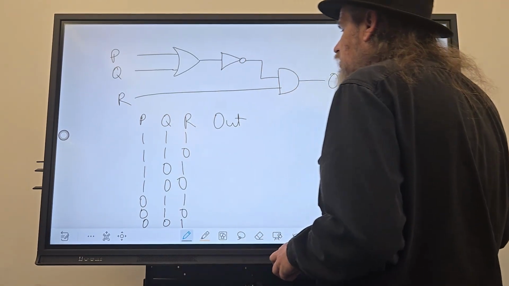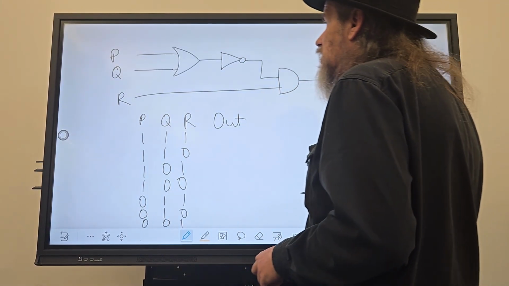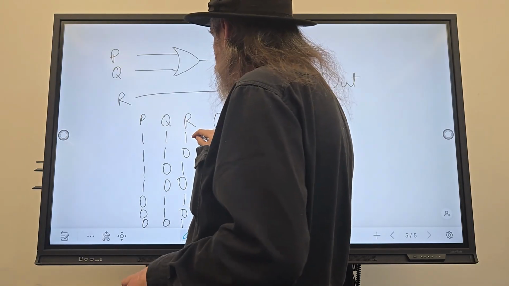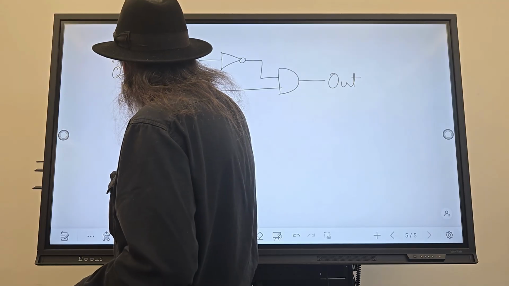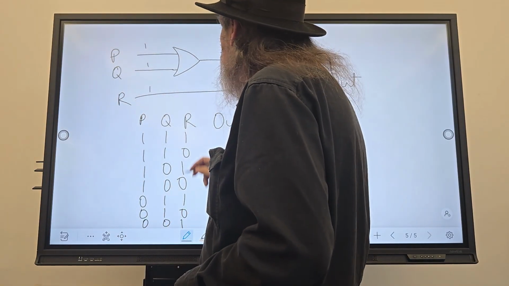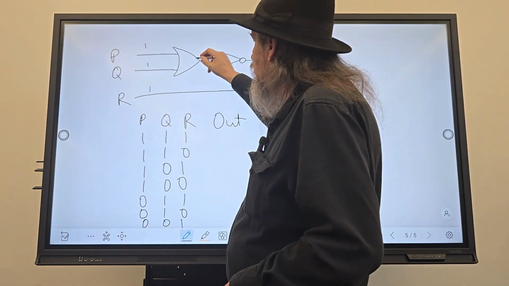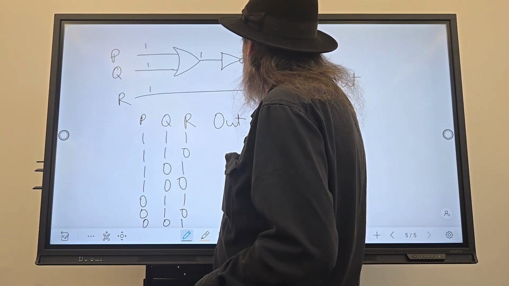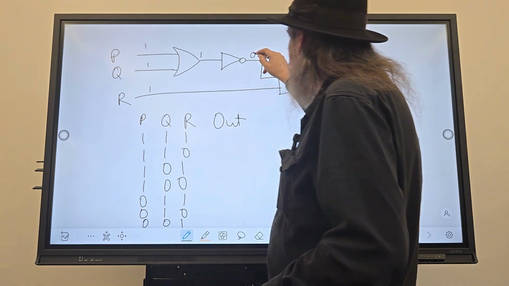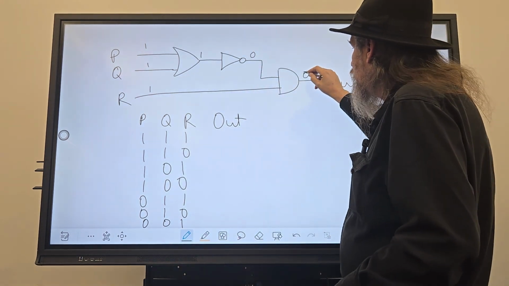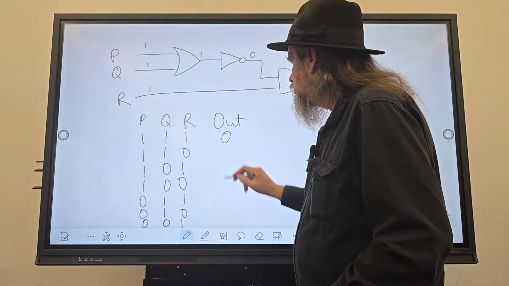Ran out of space. But you start with your first row. Put a 1 here, 1 here, 1 here. 1 ORed with 1 is going to be 1. That's going to invert it. And then 1 ANDed with 0 is going to be 0. So your output will be 0.